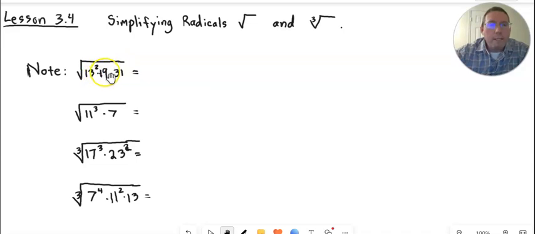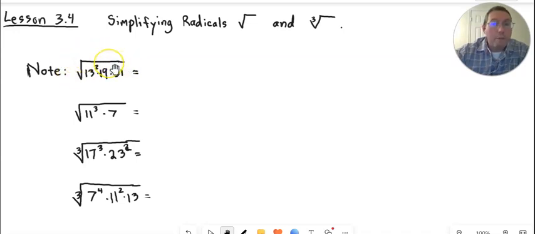Because they are not squared and they are prime, they cannot be simplified out of the radical, so they will stay under the radical. But this 13 squared, because it's being squared, can come out of the radical.